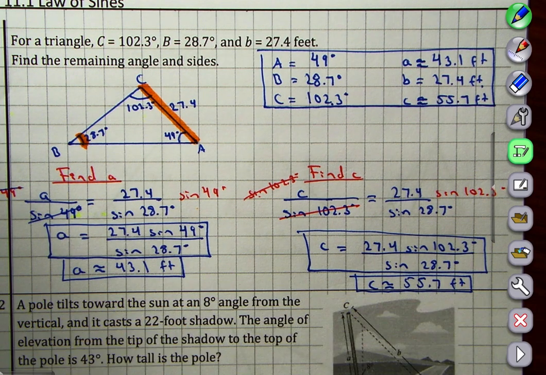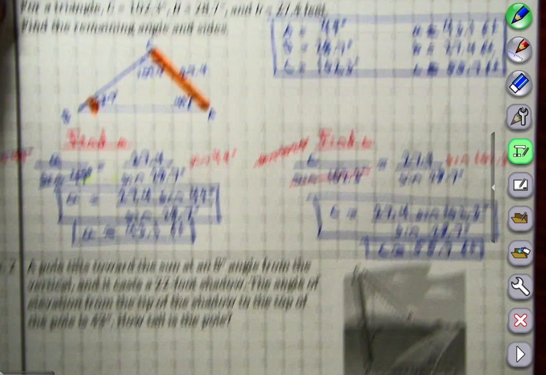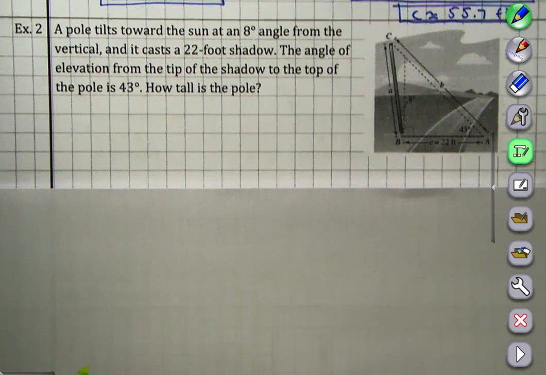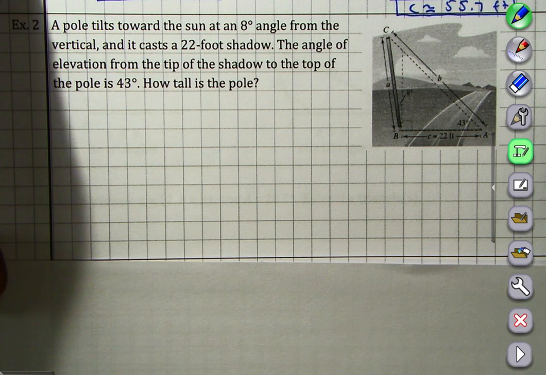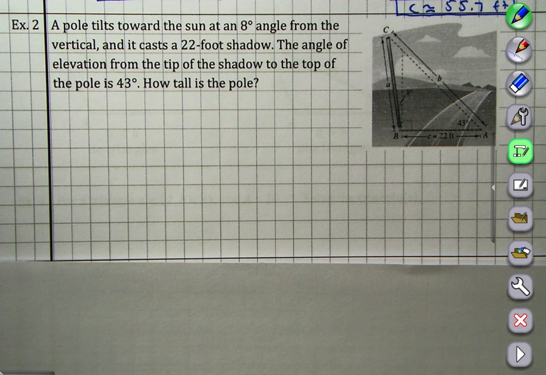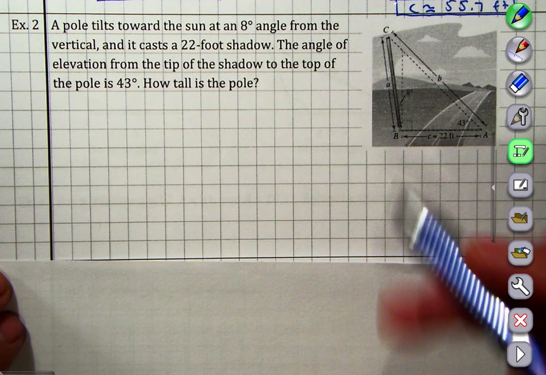Example number 2. Go and copy it down, pause it if you need to, or you can use the cutout that you have online. So a pole tilts towards the sun at an angle of 8 degrees.